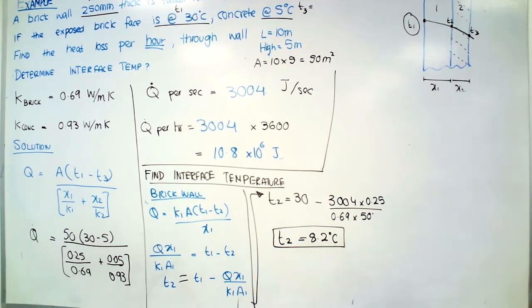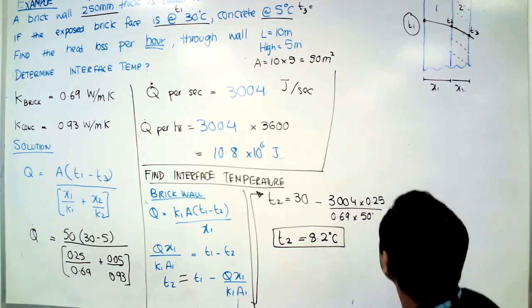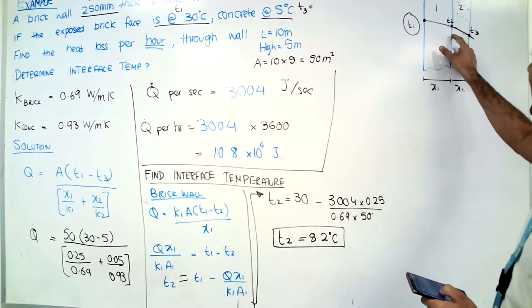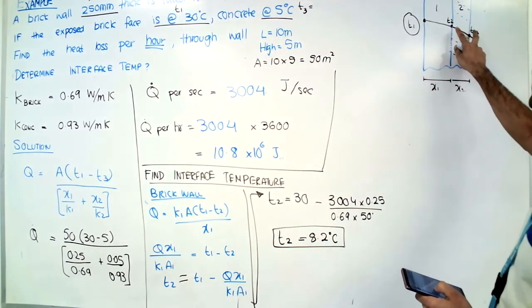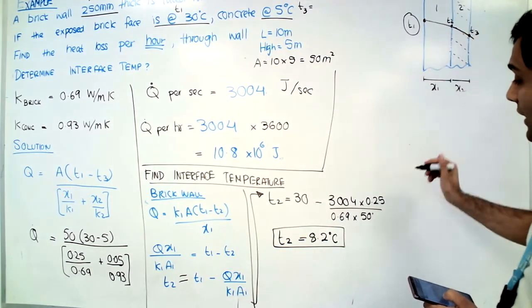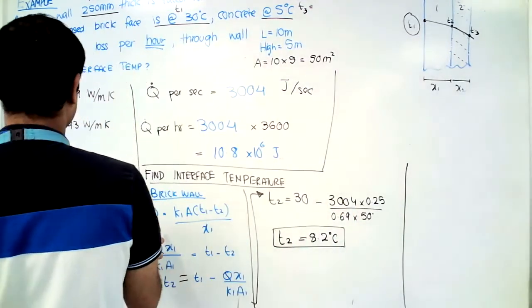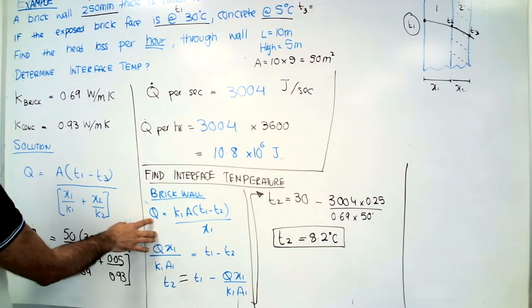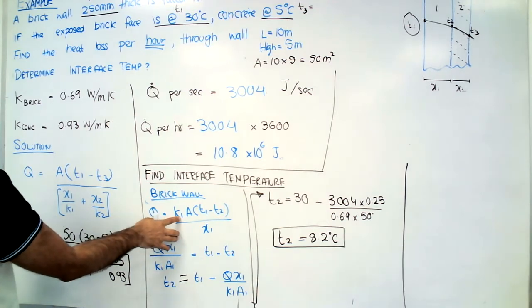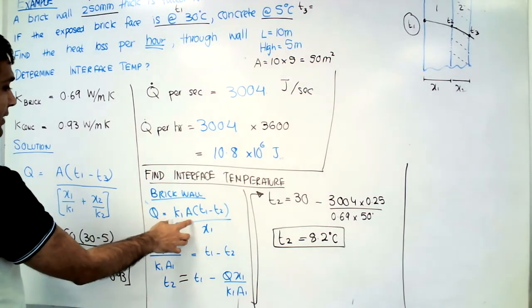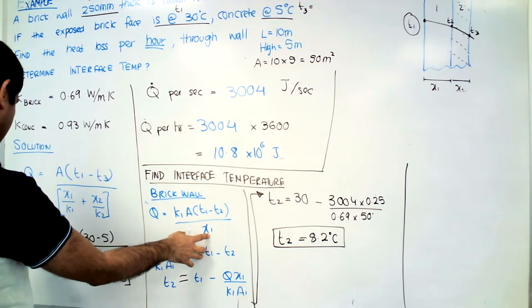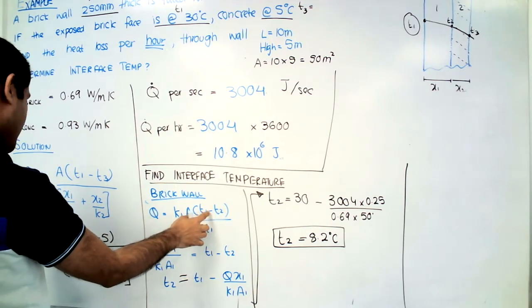Okay, so I got the T2 value. I could have used the same formula from here to here as well, where I find T2 minus T3. It will give me the same answer. If I want to use the concrete, I can have Q equals K2 A, over X2, times T2 minus T3.